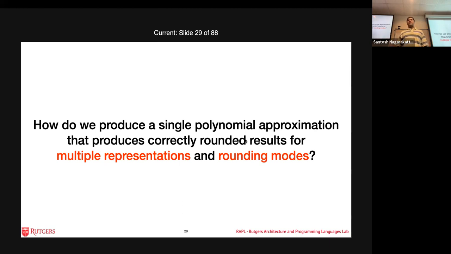Now, if you're a library designer, a glibc libm maintainer, will you create polynomials for all of them? From a software engineering viewpoint, it's a nightmare. So one of the questions we started asking was, can we generate a single polynomial that works for everything? You may be asking, as Rich pointed out, there is double 64. Let me magically design a 64-bit library. Why can't I use it for 32-bit and 16-bit?